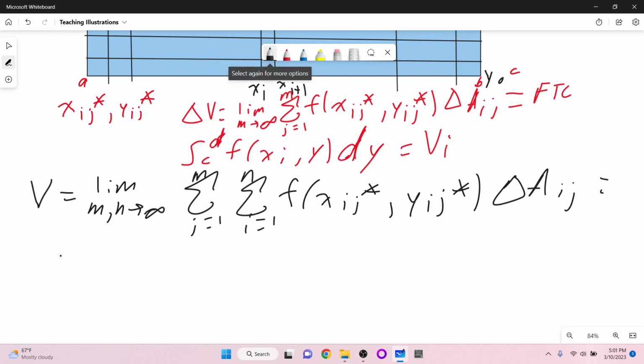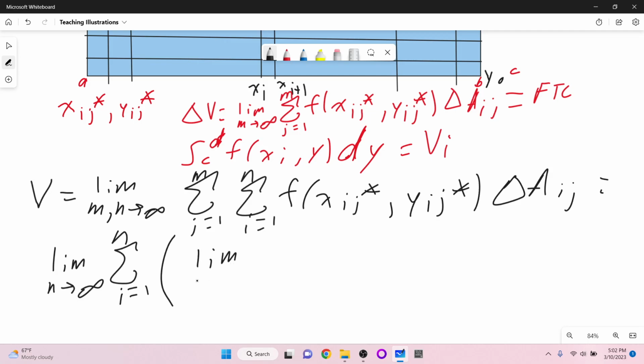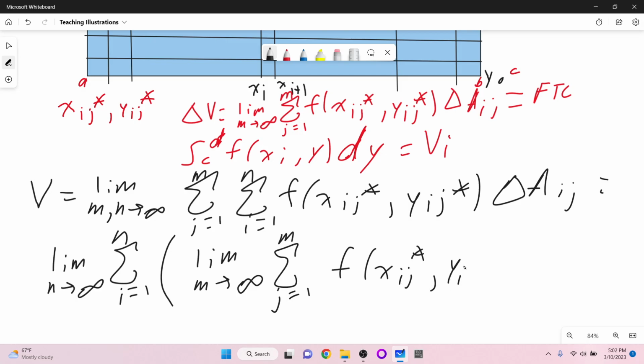We'll pull out the limit as n goes to infinity of the sum from i equals 1 to n of, in parentheses, the limit as m goes to infinity of the sum from j equals 1 to m of f of xij star, yij star, delta Aij.